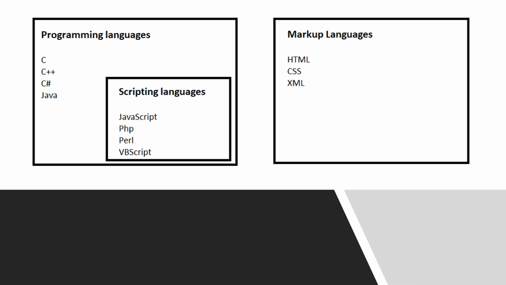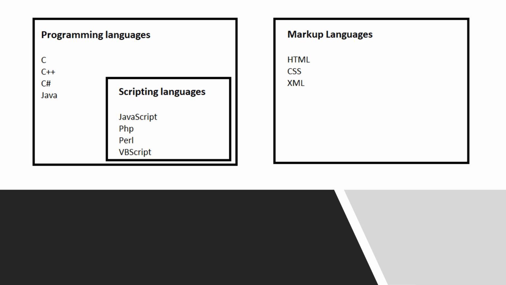I will tell first. Markup language does not have any logic. If you want to add two numbers, you will write some logic. If you want to find the factorial of a number, or whether a number is prime or not, these are just small examples that I'm giving to make you understand the concept. These kinds of things markup language cannot do.